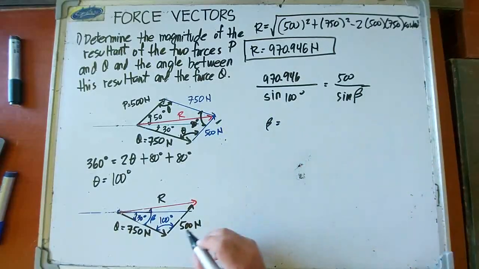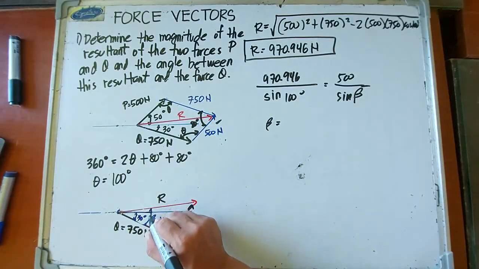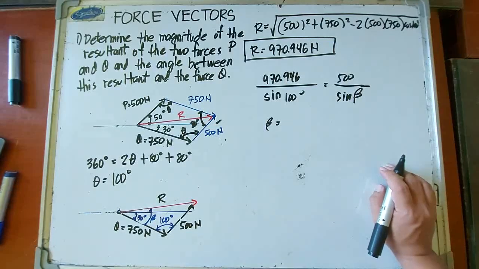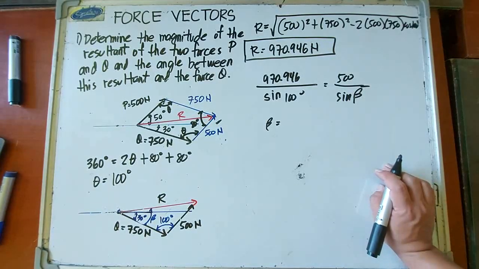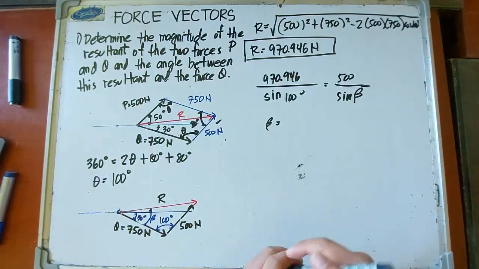So beta is, ito yung angle natin. Beta is equal to, I think merong konting mali doon sa ating module. So let's try to solve angle beta.